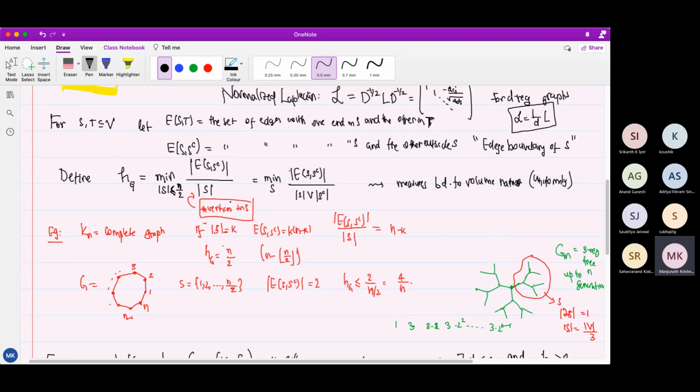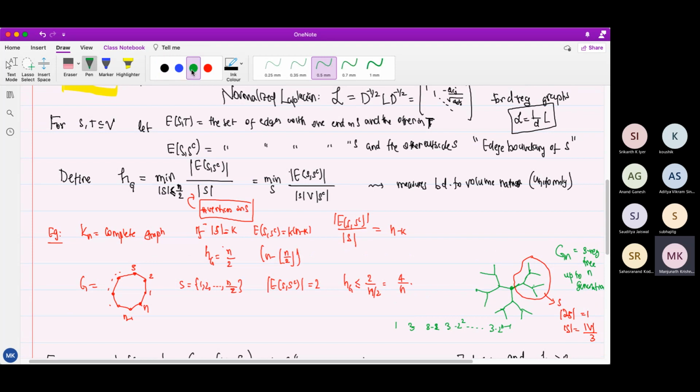So by the way, a point that I didn't make last time, observe that h_G is less than or equal to the max degree.